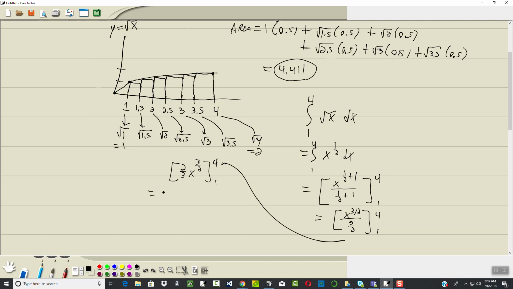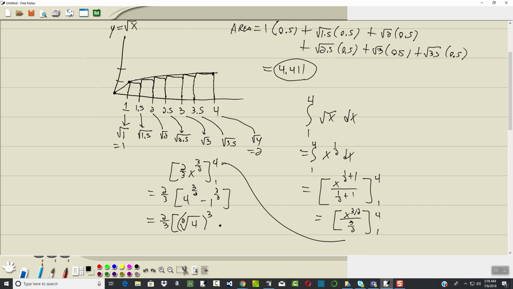I can take 2/3 and put it out in front. And then if I plug in these values, I'm going to have 4 to the 3/2 minus 1 to the 3/2. If I put these back in radical form, this would be the square root of 4 to the 3rd power. The power on top goes on the inside, the 2 I can put as my index.